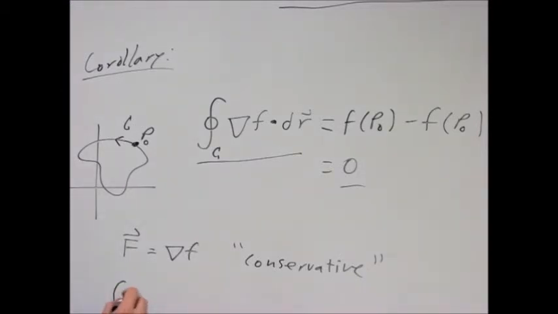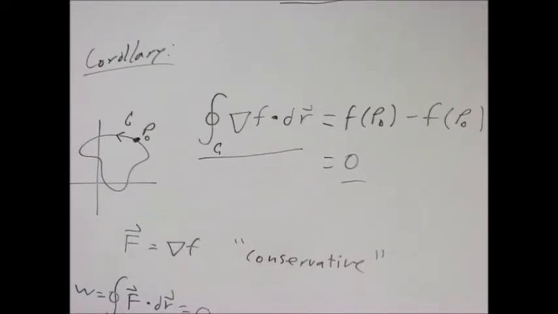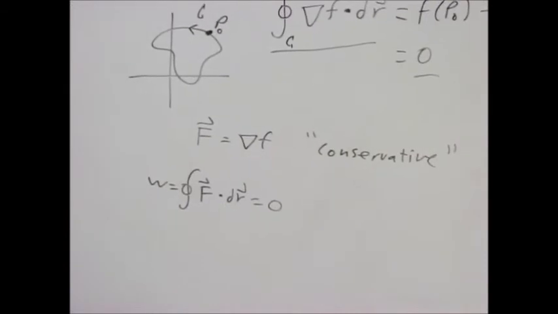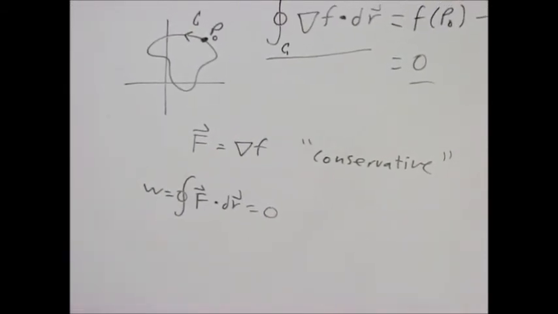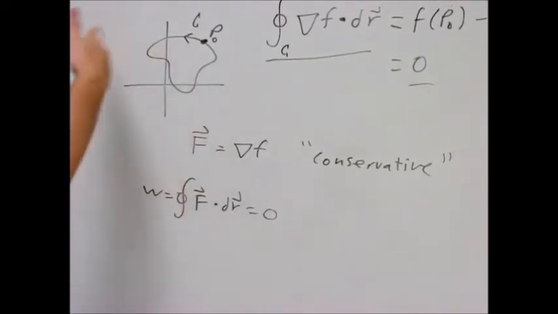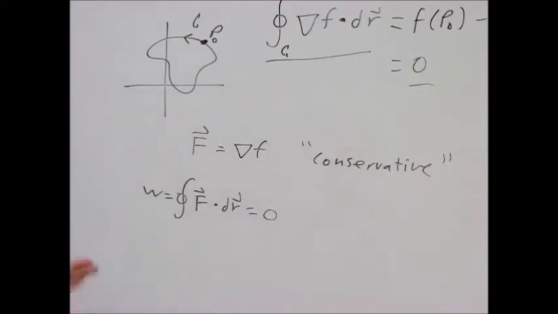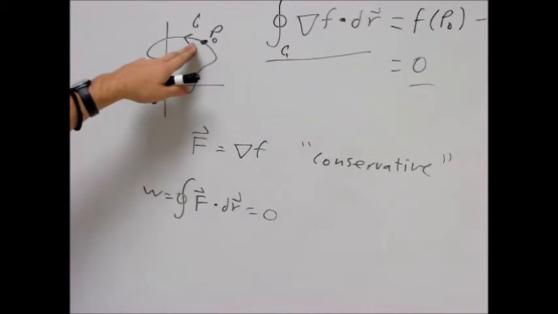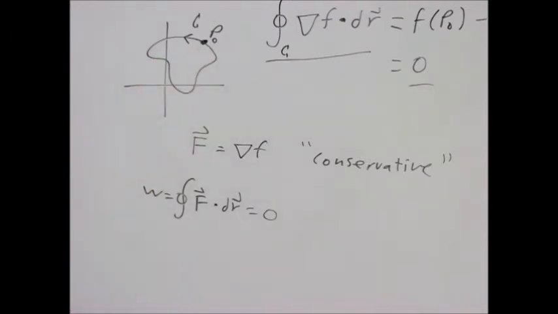So if this is f and this is the work, it means that energy is conserved. And so if it's a gradient field, then it conserves energy. So you can't actually gain energy by moving around a closed loop. If you move it back to where you were before, you'll just be at the same energy.